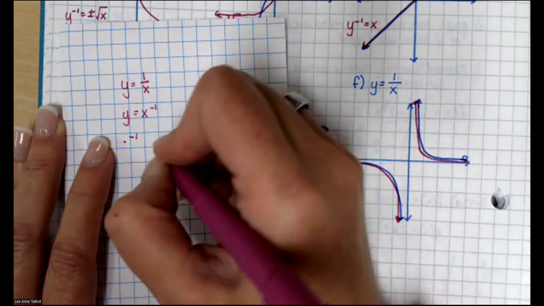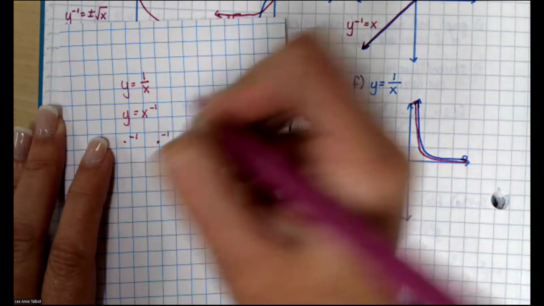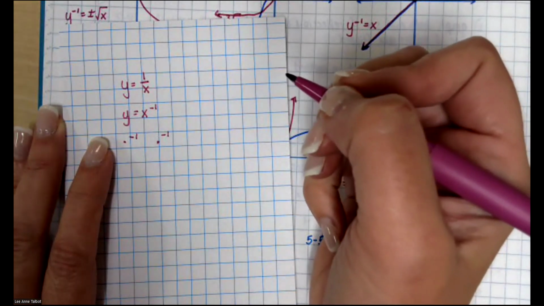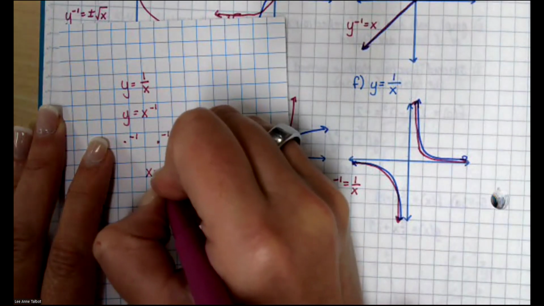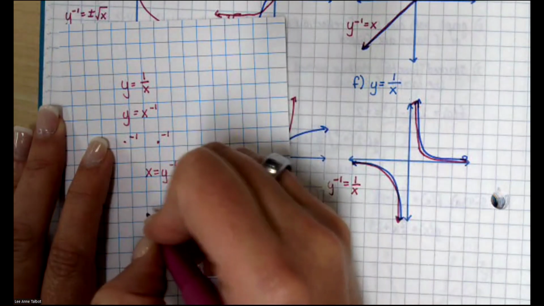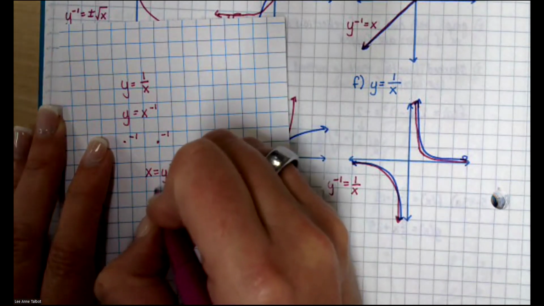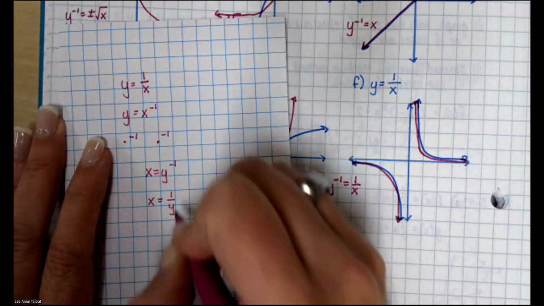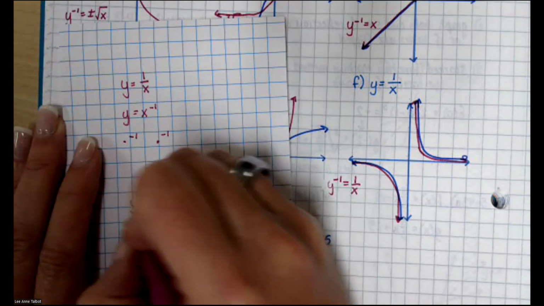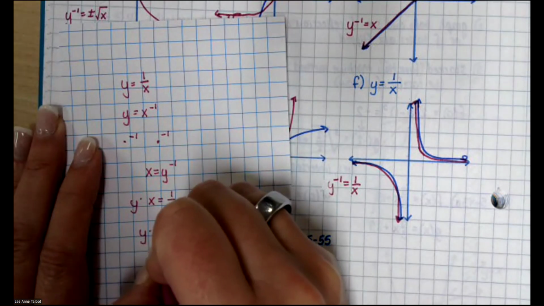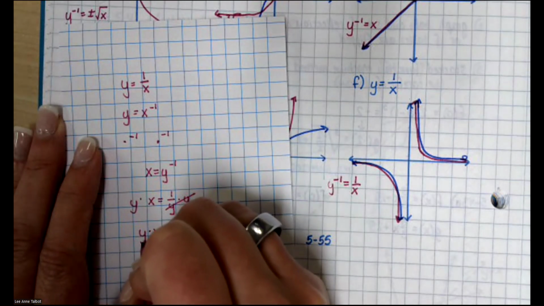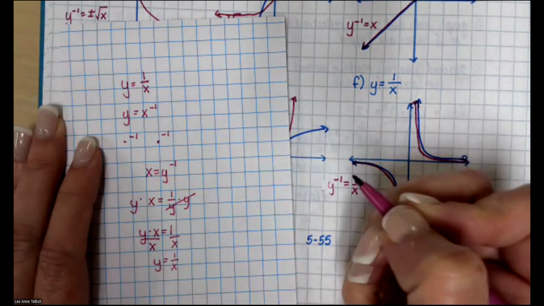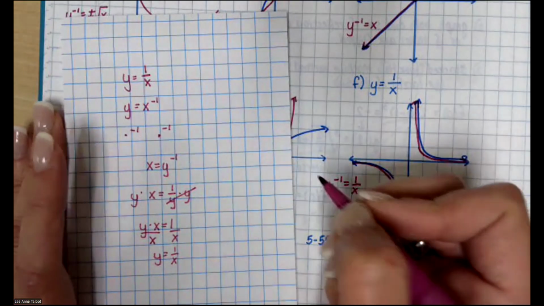What's the inverse of the negative 1 power? A negative 1 power itself. So x equals y to the negative 1. Just got back to itself.